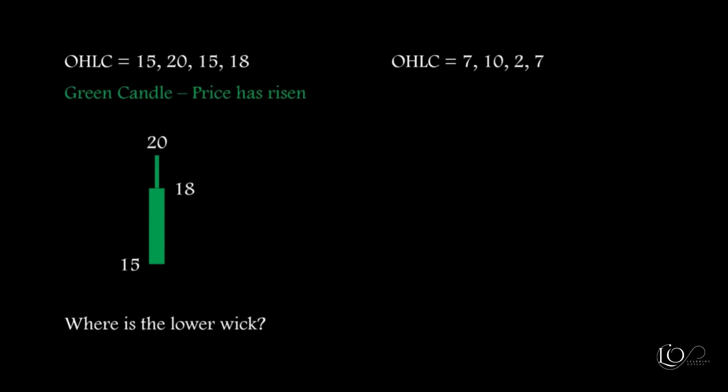The next one, OHLC values are 7, 10, 2 and 7. So is this going to be a green candle or a red candle? Well, price remained the same during this time period. It opened at 7 and it closed at 7. So we're just going to draw a straight line because it started at the same price as it ended, right?